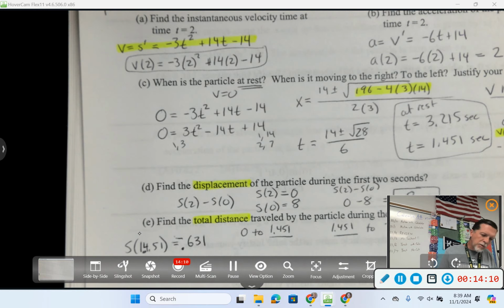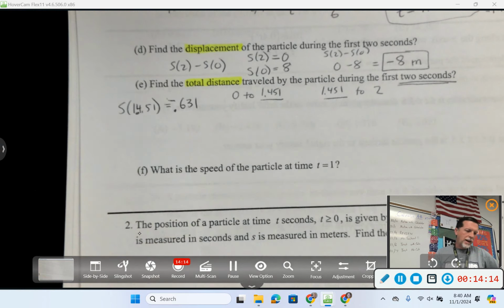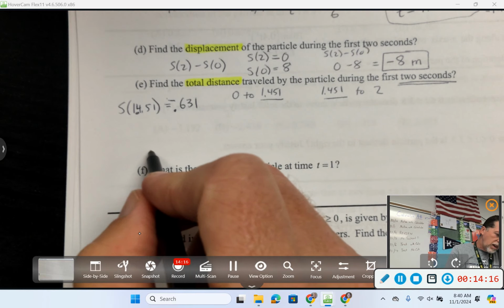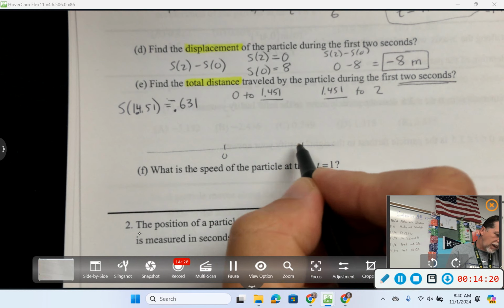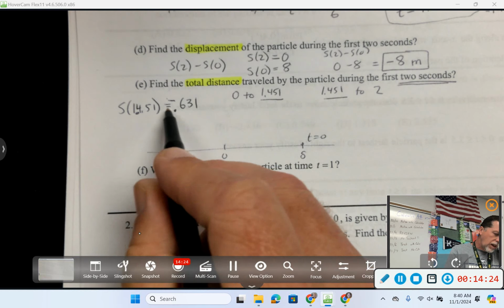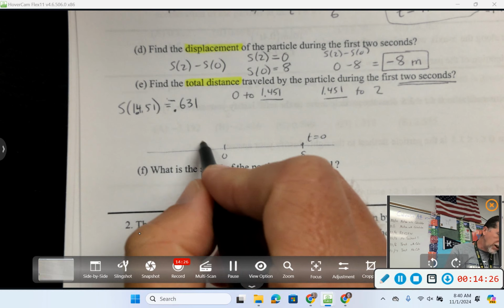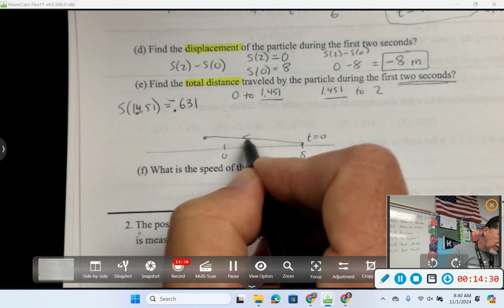It didn't ask me for a motion diagram, so I don't have to do the motion diagram. Well, that might help. Let's see, S of 0 is 8, so there's time 0. At 1.451, I'm over here at negative 0.6.